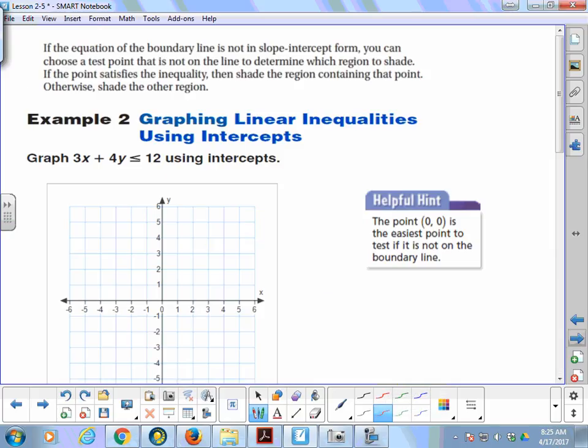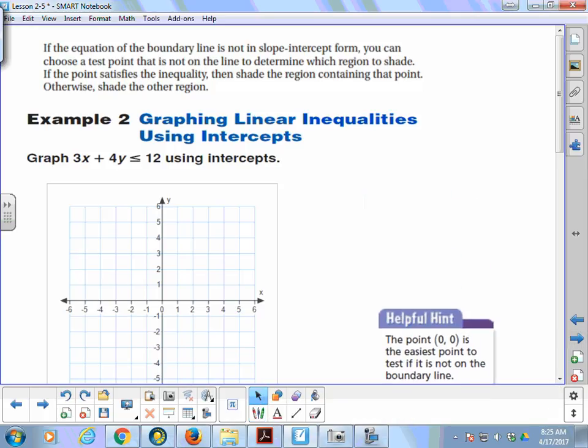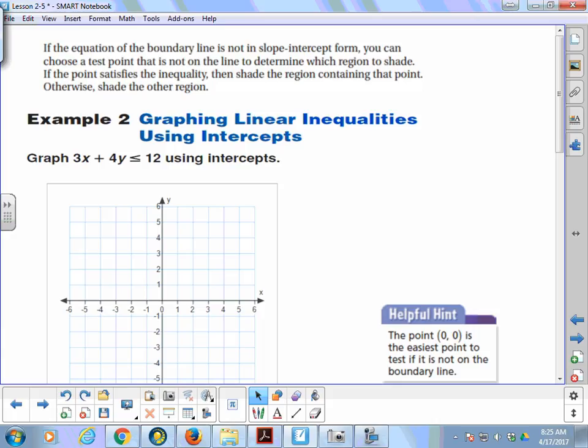Okay, so let's use intercepts to graph now. You can do it either way. Have it in slope-intercept form and graph, or use intercepts and graph to create that boundary line. Now, when we're working with intercepts, this is where it becomes a little bit trickier with the shading part, where you really do need to check the point.